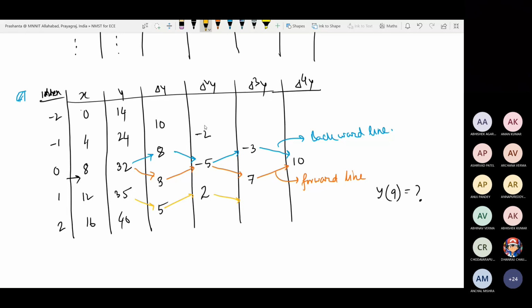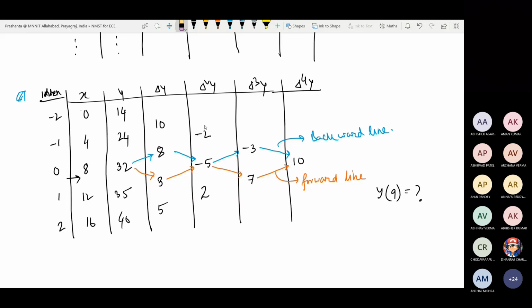If you choose 8 as center, you get up to del 4 higher order forward differences, and those increase the accuracy. The backward line would have been 35, 3, 2, 7, and it will stop. Let me remove these lines.